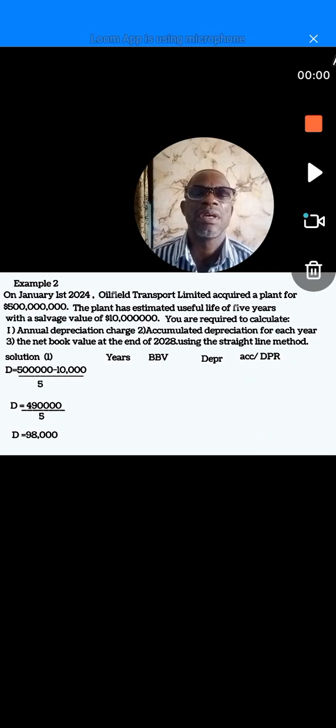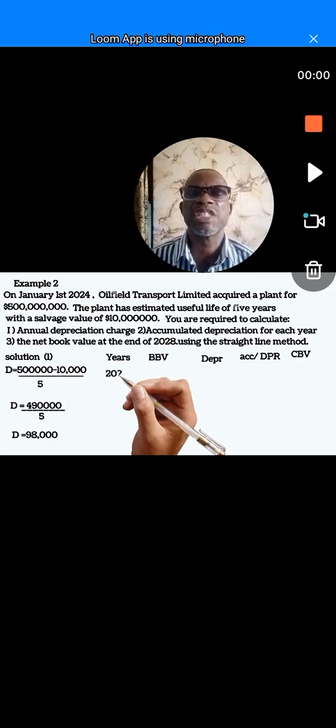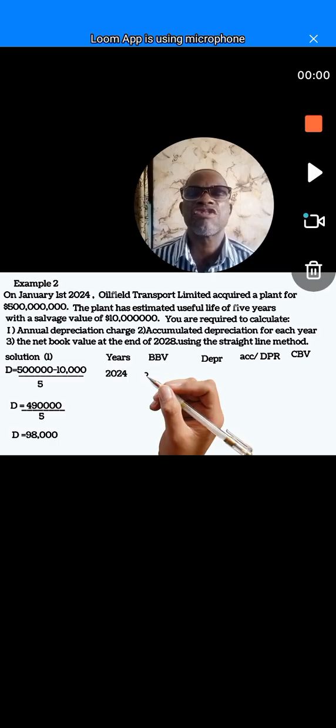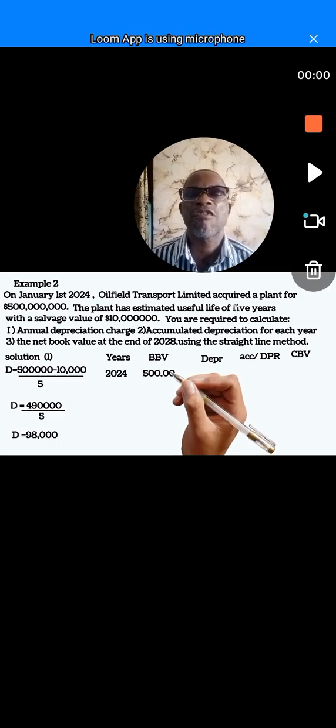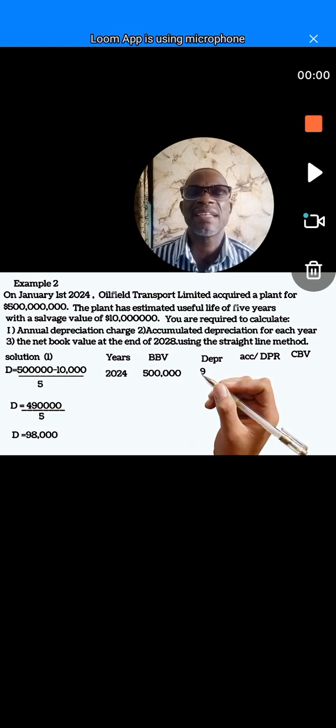So from January 2024, the first year is 2024, and the book value is 500 million, and the depreciation in the first year is 98 million, and the accumulated depreciation in the first year is 98 million.